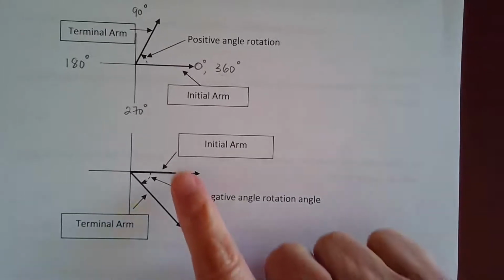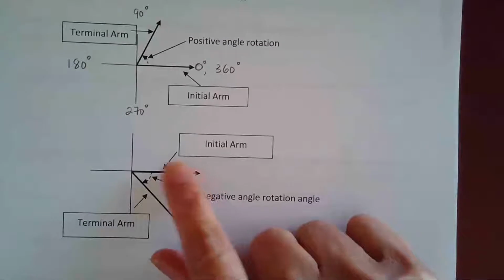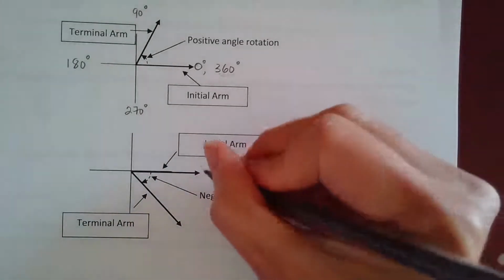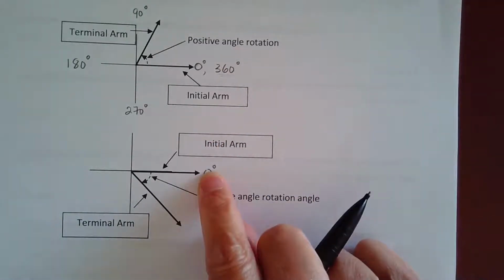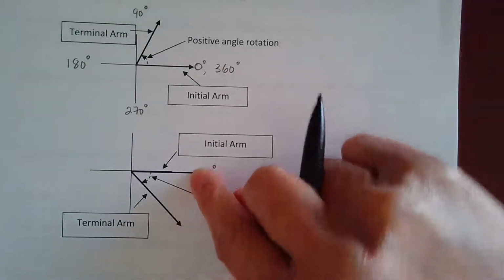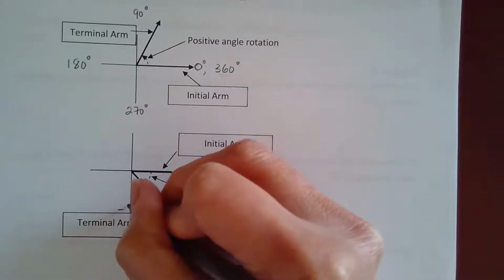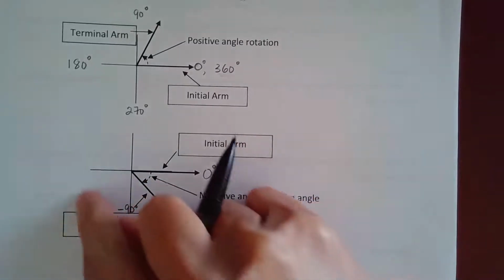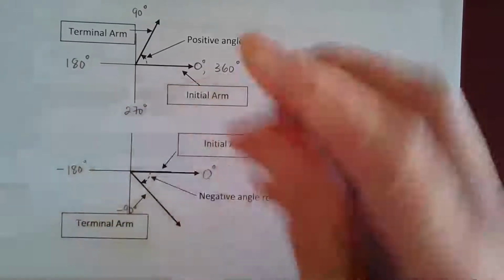Now we can also rotate it clockwise. And in the clockwise rotation, that's a negative rotation. So this is 0 degrees. If this is 0 degrees, this is the start. And if we go this way, then this is going to be negative 90 degrees. And if we keep going this way, it's going to be negative 180 degrees.